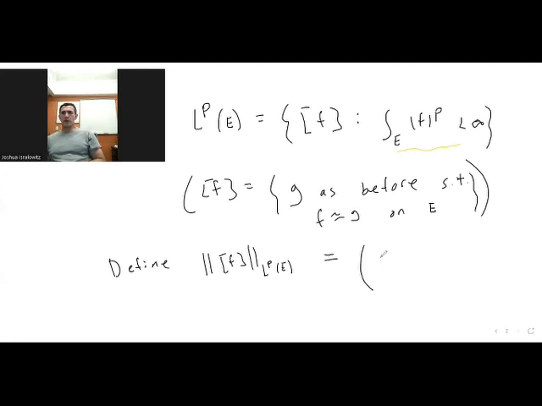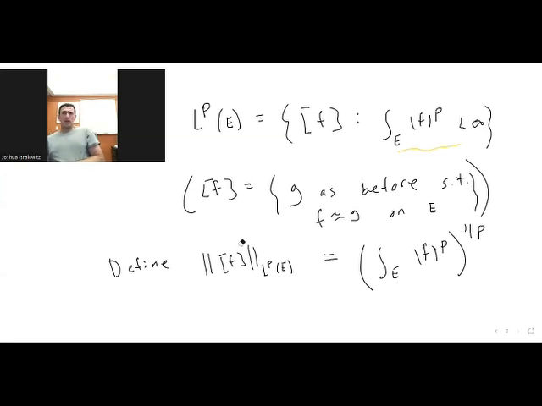But anyway, it's just take the absolute value of f to the p, integrate it, and then raise the whole thing to the 1 over p. Again, this is independent of the representative generating my class, because if f is equivalent to g, then this integral equals the integral of g over E, because f equals g almost everywhere. So that's pretty clear.